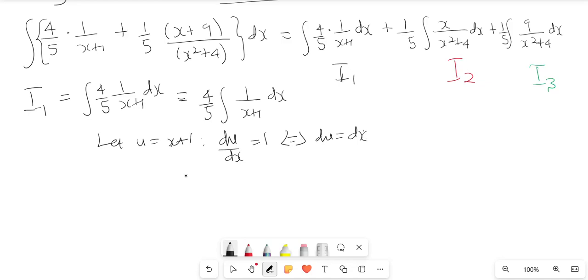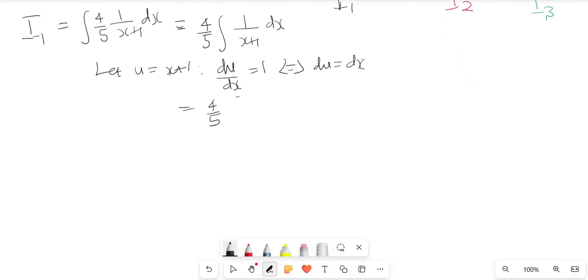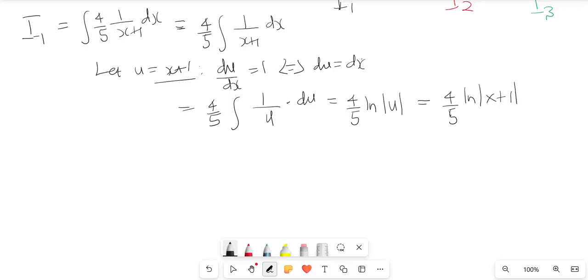So our integral now becomes 4 over 5 times the integral of 1 over u du, because dx is du, and that is just equal to 4 over 5 times the natural logarithm of u. Plugging back u is x plus 1, that becomes 4 over 5 times the natural logarithm of x plus 1. So that is the value of the first integral.